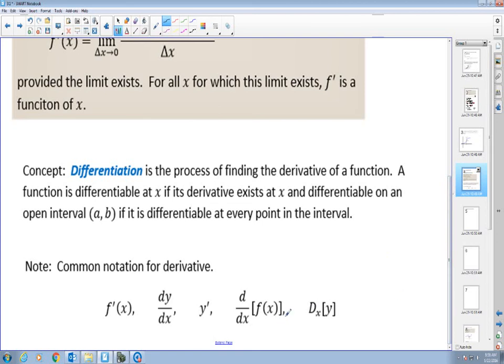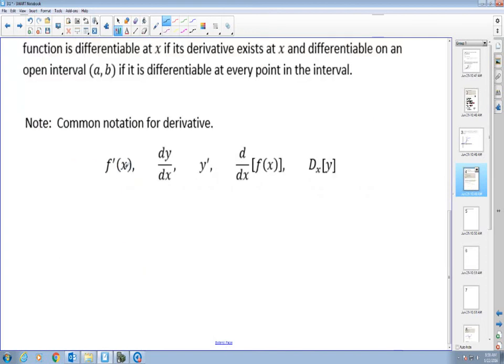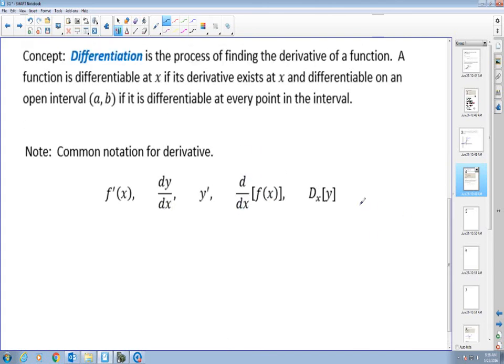Common notations for derivatives: I can say f prime of x, I can say dy over dx, which means the derivative of y with respect to variable x. I can say y prime, or the derivative of the function with respect to x, or d over dx of y, because I can let y equal my function.